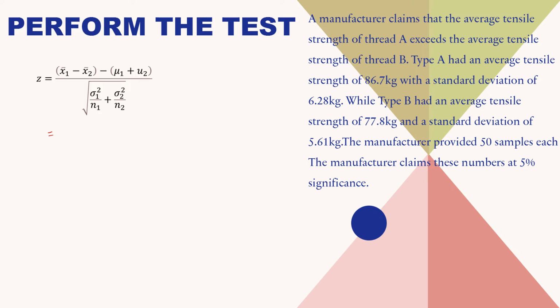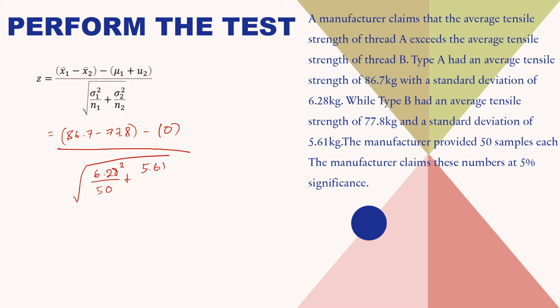So you have 86.7 minus 77.8, close that in a parenthesis, minus 0, which is our hypothesized mean difference, divided by the square root of the standard deviation of A, which is 6.28, don't forget the squared, divided by 50, plus the standard deviation of B, which is 5.61, don't forget the squared, divided by 50. And all we have to do is compute.